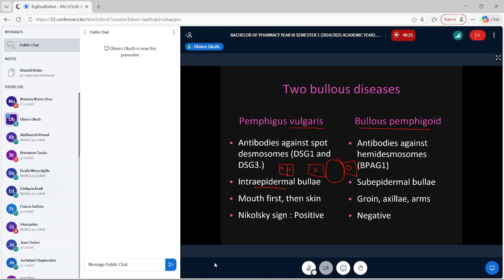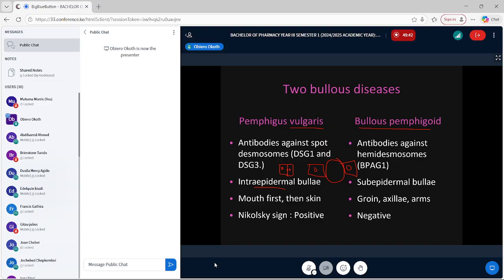If this bulla is occurring in the intraepidermis, either between the stratum corneum and the stratum lucidum, or in between the stratum spinosum, then that is an intraepidermal bulla. This is pemphigus.